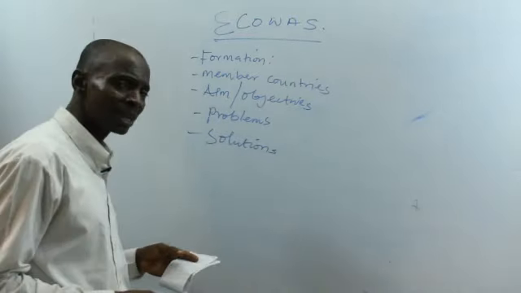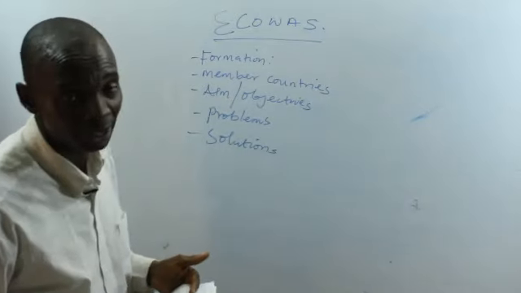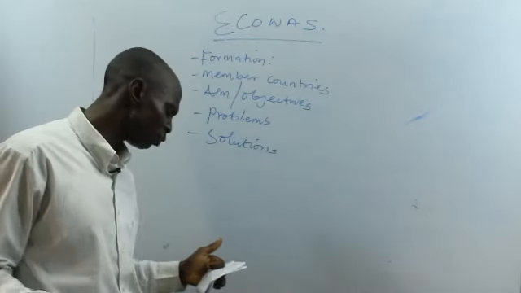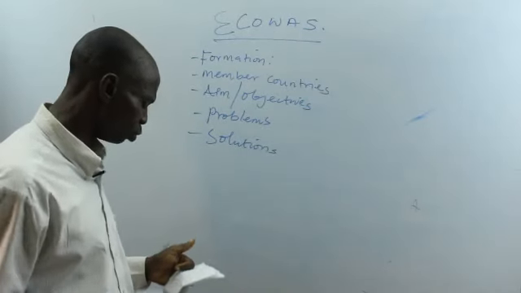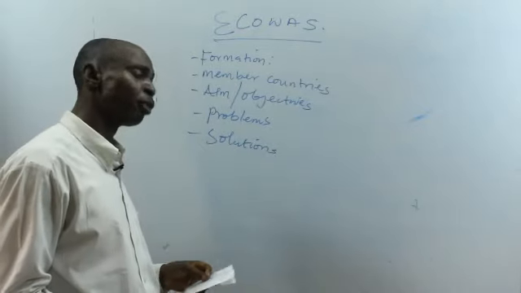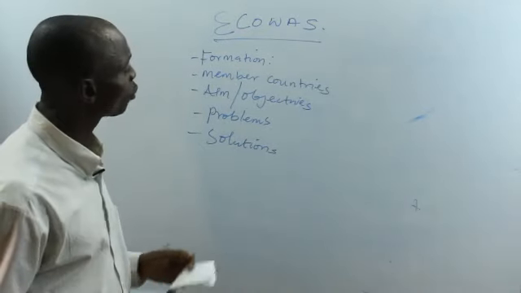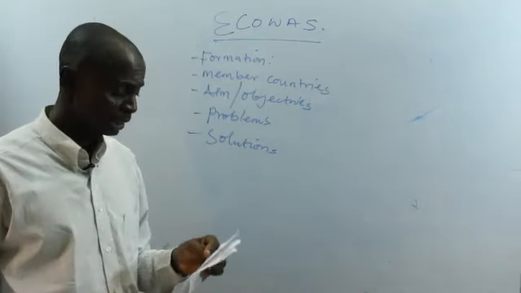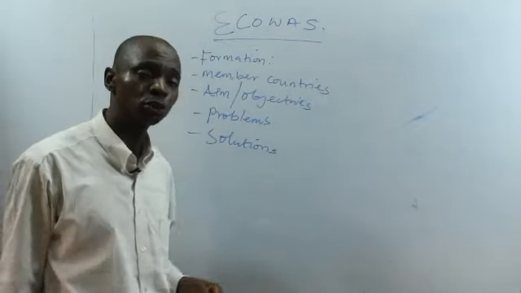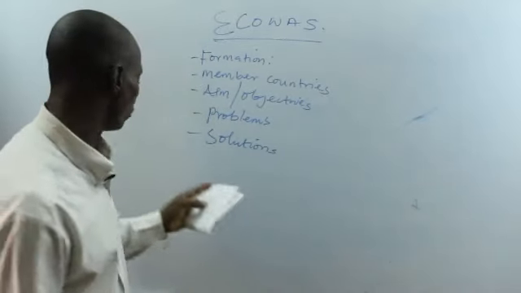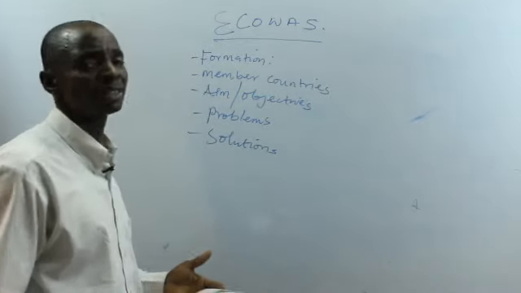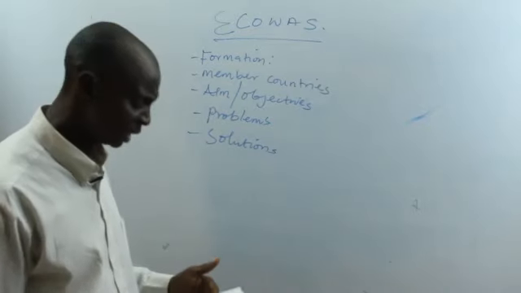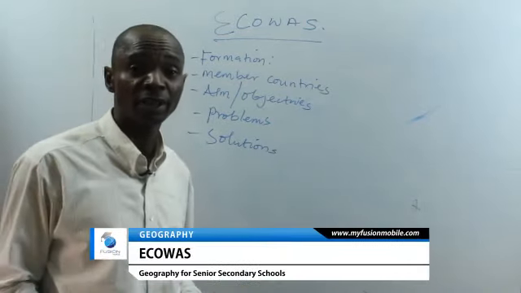Then let us look at the member countries. Economic Community of West African States is made up of 16 member countries. Now, number 1, we have Nigeria, we have Togo, we have Benin Republic, we have Ghana, we have Cote d'Ivoire, we have Liberia, we have Sierra Leone, we have Guinea, we have Burkina Faso, we have Guinea-Bissau, we also have Gambia, we have Senegal, we have Mauritania, we have Mali, we have Niger, and finally we have Cape Verde.